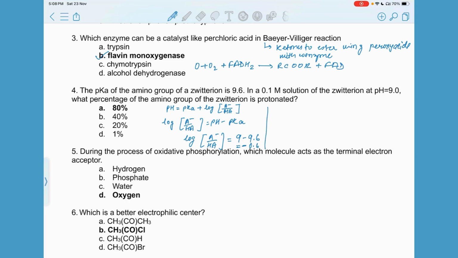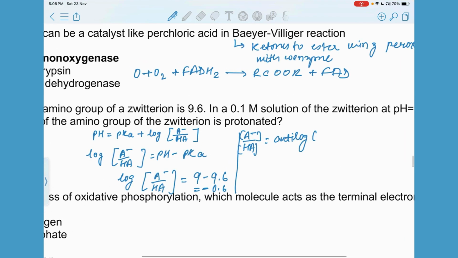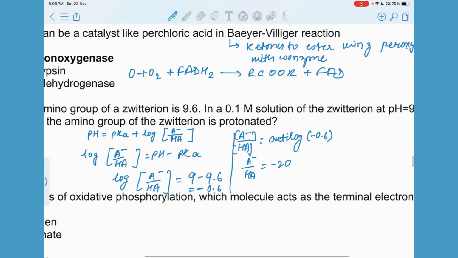Again, now A minus upon HA will become the antilog of minus 0.6. So A minus upon HA will be 1 upon 20.